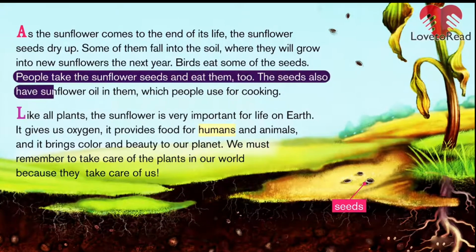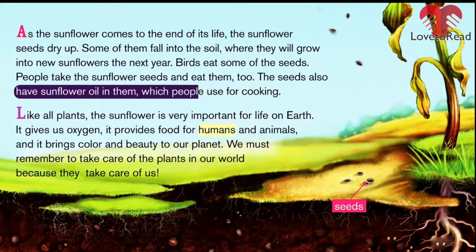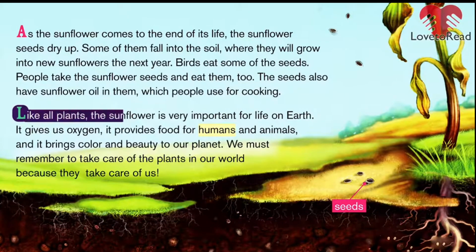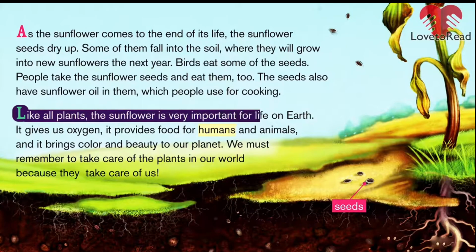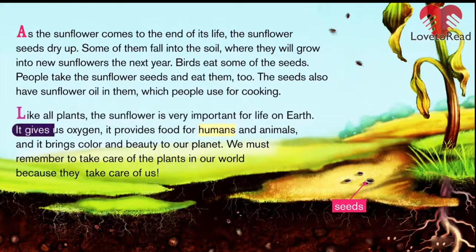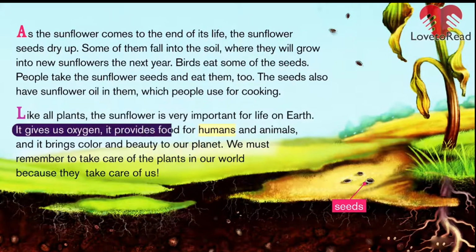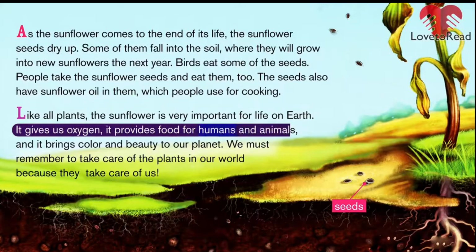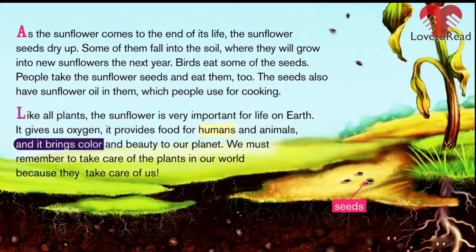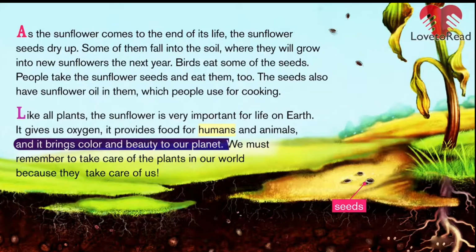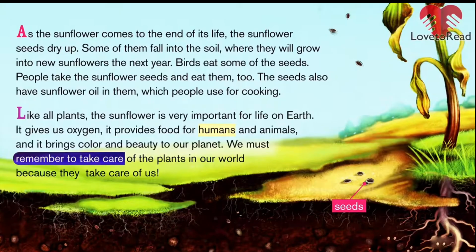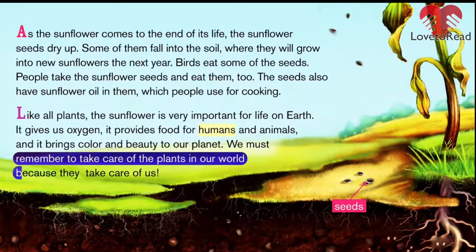The seeds also have sunflower oil in them, which people use for cooking. Like all plants, the sunflower is very important for life on Earth. It gives us oxygen. It provides food for humans and animals, and it brings color and beauty to our planet. We must remember to take care of the plants in our world because they take care of us.